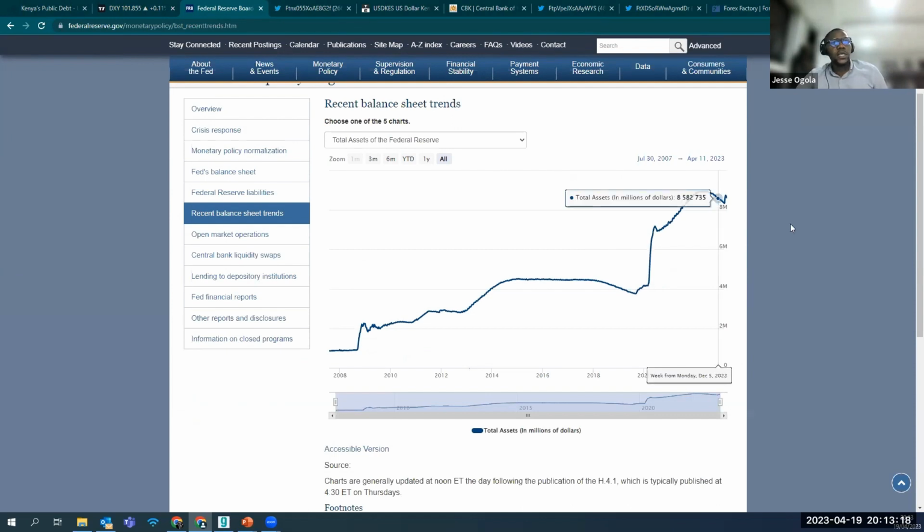You will notice on the chart I'm showing you, it shows the balance sheet of the Fed. Balance sheet is basically the total assets and liabilities the Federal Reserve, which is the equivalent of the Central Bank of Kenya, holds.